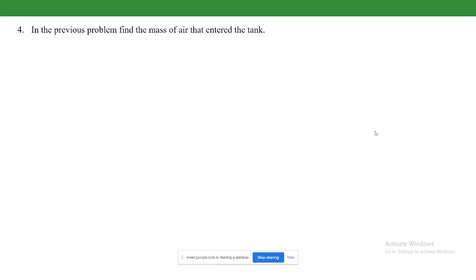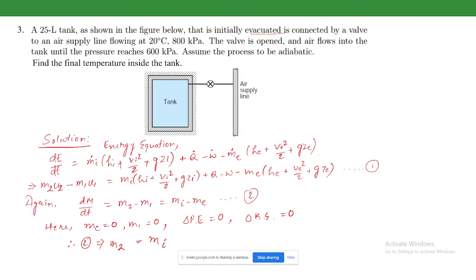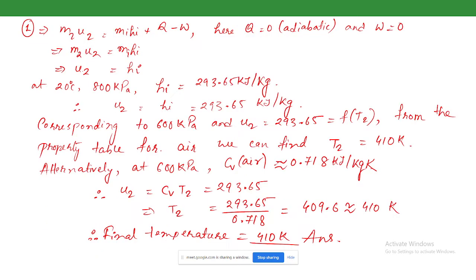Moving to the next part of the problem, we have to find the mass of air that has entered the tank. The mass of air that has entered the tank is equal to the final mass of air inside the tank.